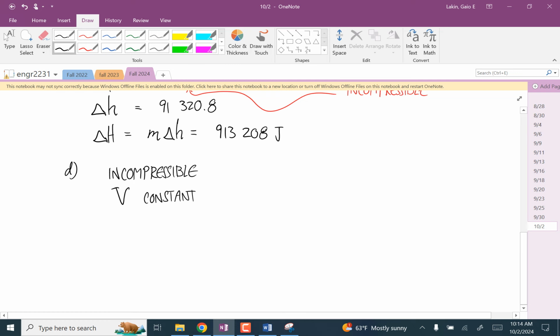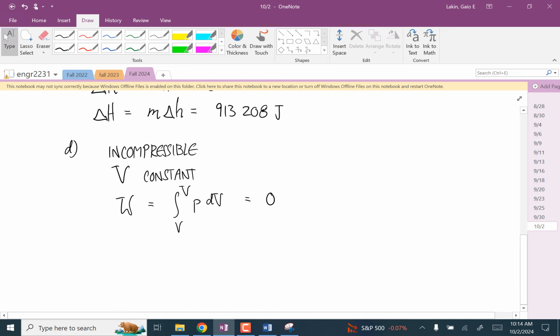Okay, so the work for an incompressible material is this, but dV is equal to 0. So there's just no work of expansion for an incompressible material. There's no way you can have work of expansion. And it doesn't mention any other types of work, you know, electricity coming in or going out, rotating shafts. And so the work is equal to 0.